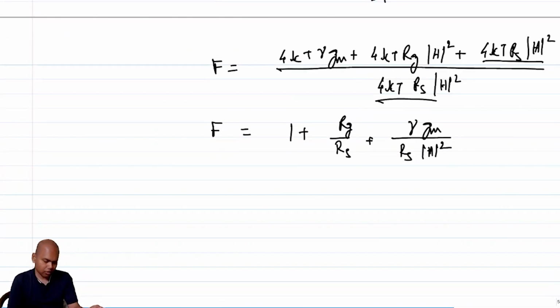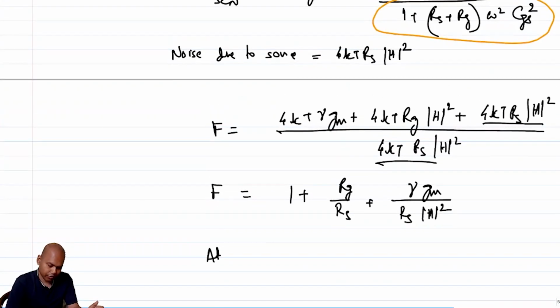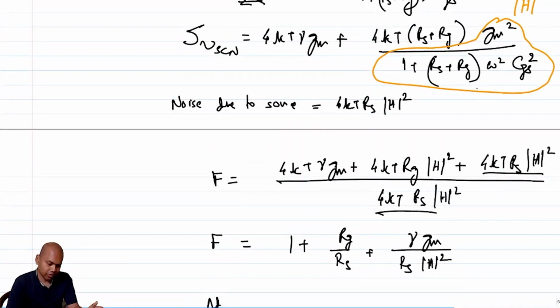So what is the goal? The goal is to ensure that the noise factor is as close to 1 as possible. So what do you need to do to ensure that? At very low frequencies, right? What is very low frequency? Very low frequency means I can neglect this term with respect to 1, right? Very low frequency means the capacitor is not in the picture.